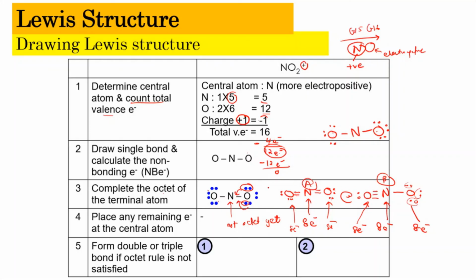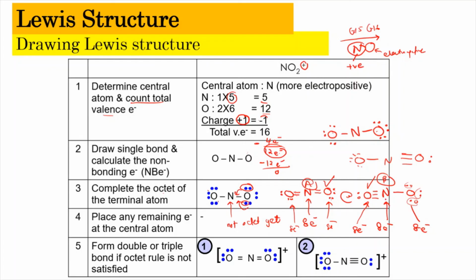Okay, so basically, you can choose it to be like this, but basically they are identical. It's just the position that is different. So basically A or B. Okay, so we have two options here, which is option A, which is number 1, or option B, which is the triple bond, either on the left hand side or on the right hand side.